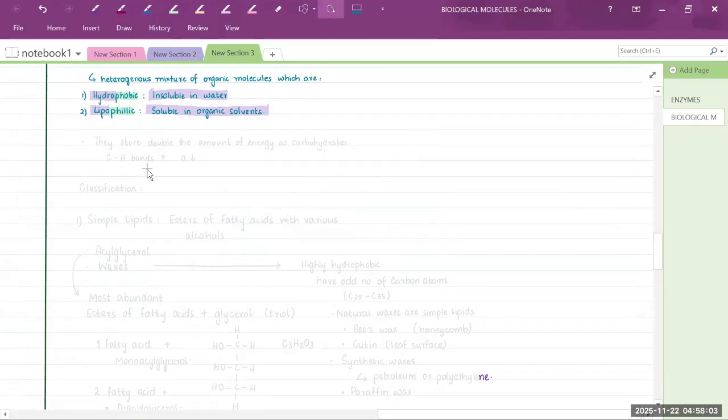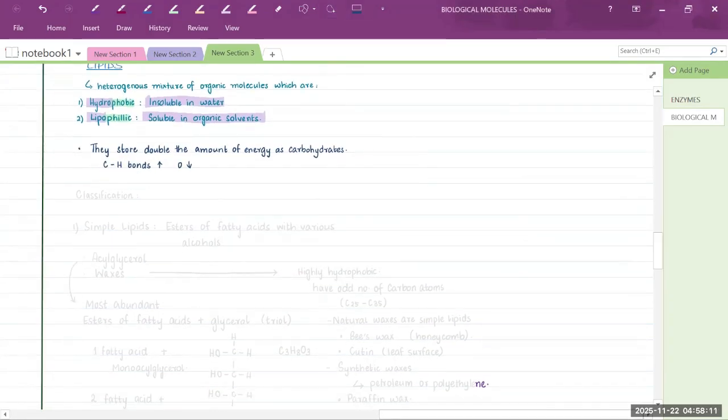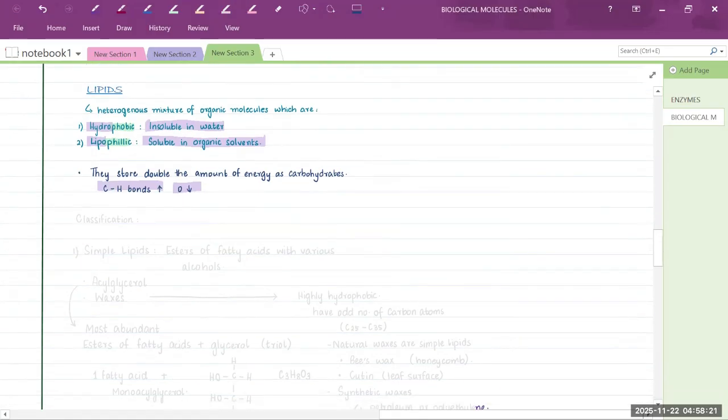Also, something you guys need to know is that they store double the amount of energy than carbohydrates, because they have more CH bonds. The ratio of CH bonds is greater, and the oxygen composition is very less as compared to carbohydrates.